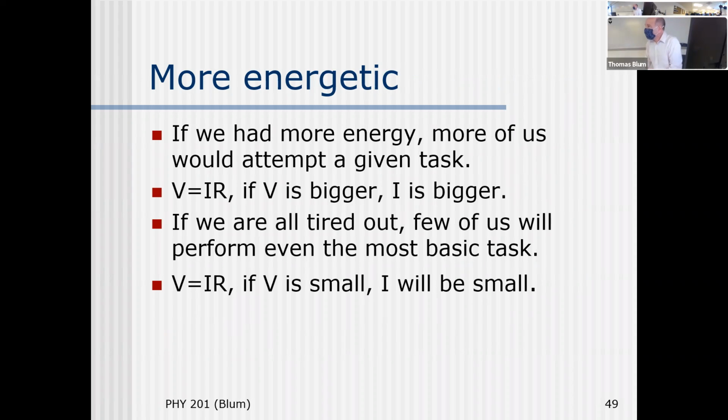If we had more energy, if our voltage were larger, then we'd have more eager people to go out and do the task and the current would be larger. If we have a low voltage, if nobody gets a good night's sleep, then there won't be as many people ready to go out and do the tasks.